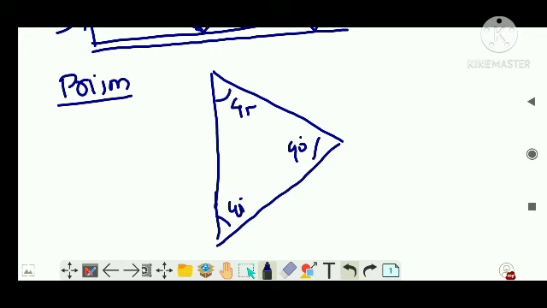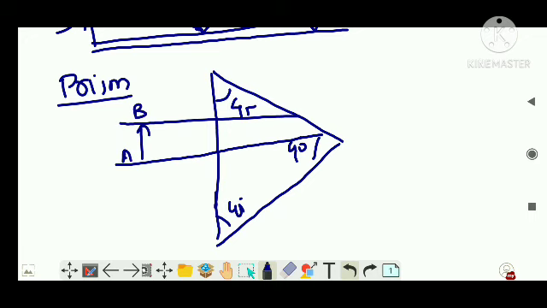Now, let's say you have an object like this. This is B and this is A. All the rays reach like this, at this point. Let's say the prism's critical angle is less and the incident angle is higher than the critical angle value, so it undergoes total internal reflection. Similarly here, greater incidence angle, again total internal reflection.